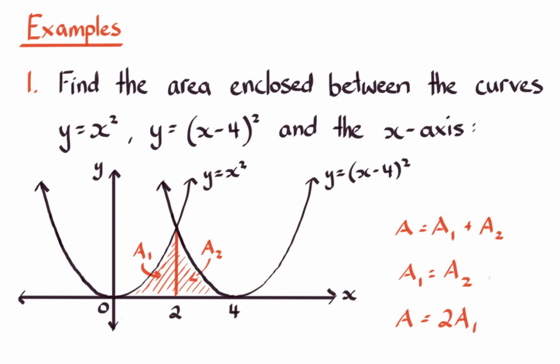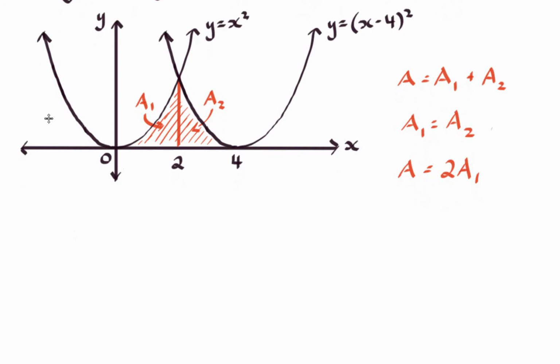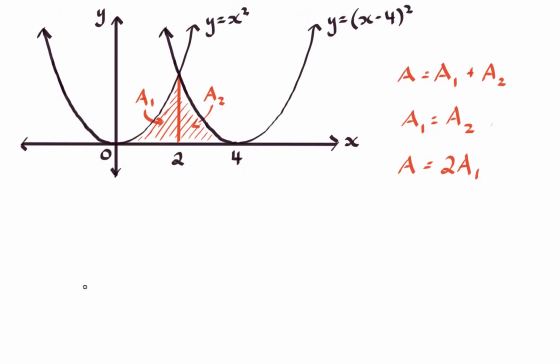Okay, let's start by finding area 1. So like I said, we are going from 0 to 2, and we are underneath the x squared parabola.